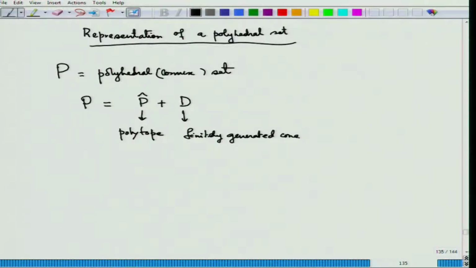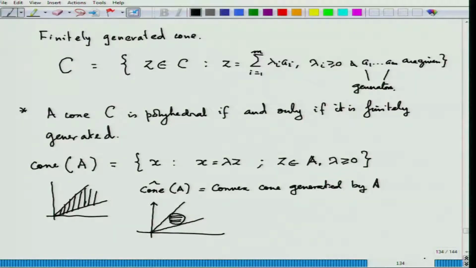So, these A i are called generators of this cone. Sometimes it is convenient to write a finitely generated cone as the cone generated by the vectors A1, A2, up to AM. M could be any number, some fixed number.